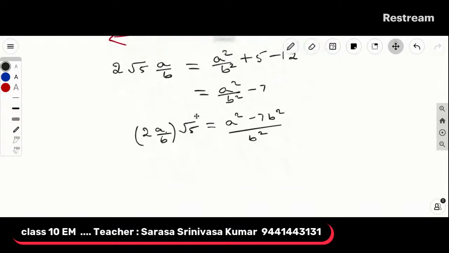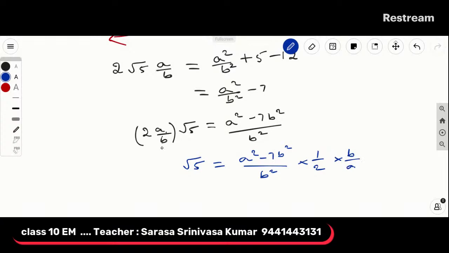Now from this we can write square root of 5 equal to (a square minus 7b square) by b square multiplied by 1 by 2 multiplied by b by a. Why?